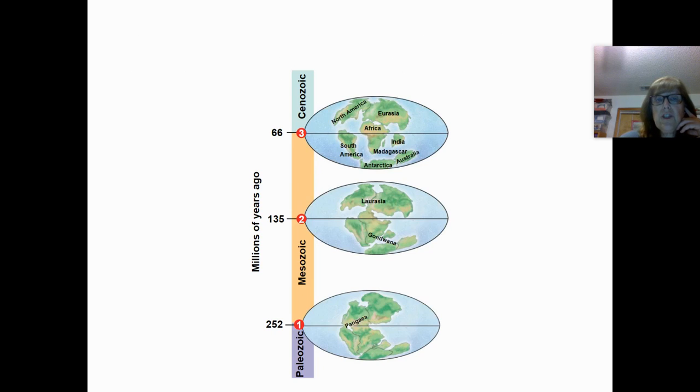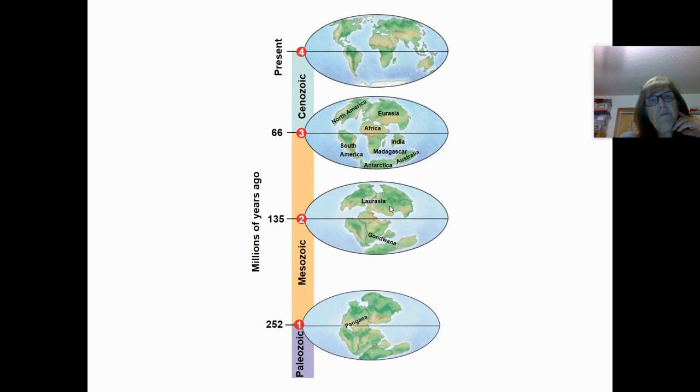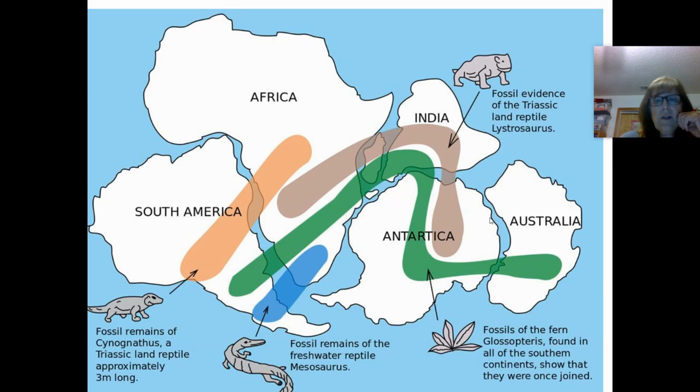Okay, and so they're showing the continents spreading apart even further, and then back to where they are in present day and as we are familiar with them. So here's a picture that shows these continents connected together, and it's kind of interesting because when we look at fossil records, we find fossil evidence of organisms.